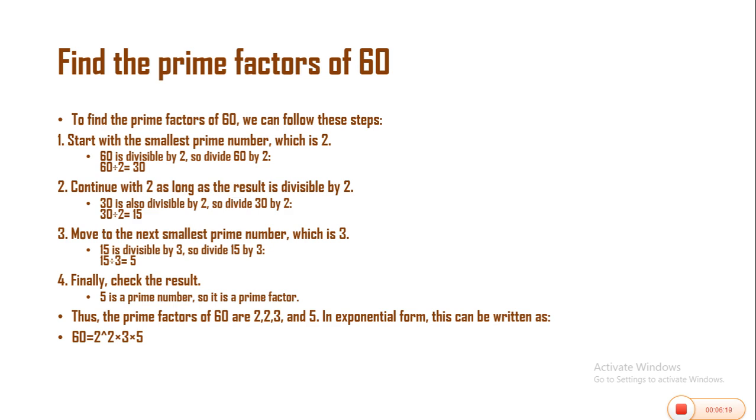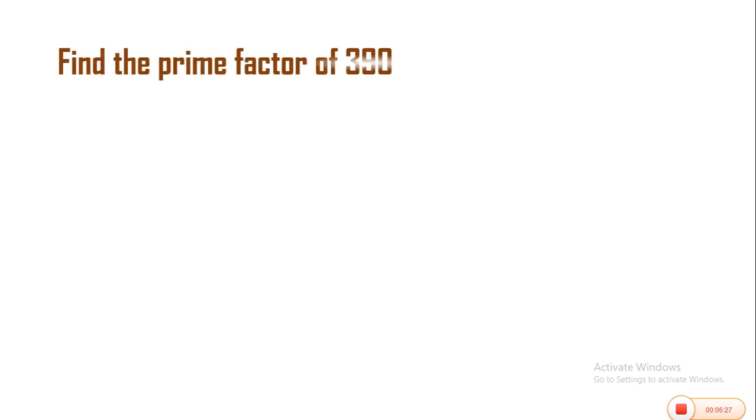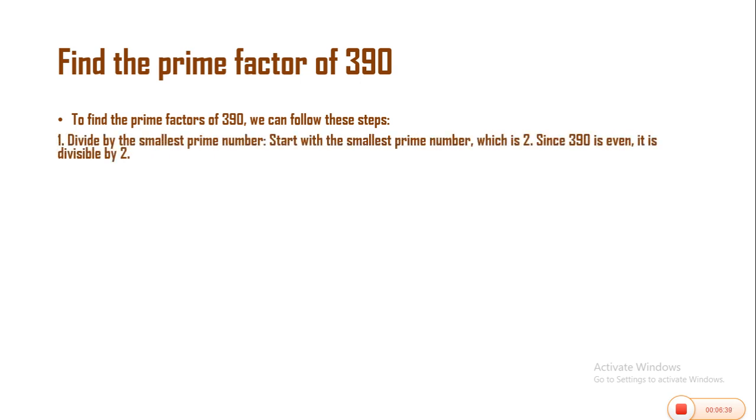Let's take another example. Find the prime factors of 390. To find the prime factors of 390, you can follow these steps. Divide by the smallest prime number, which is 2.